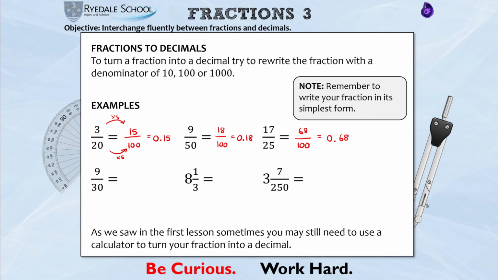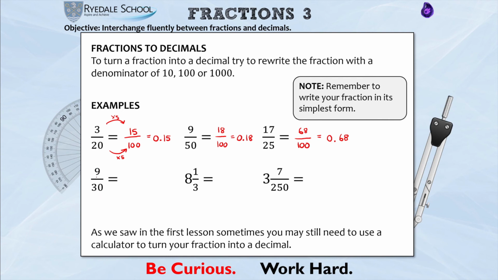9 over 30. Well, 9 over 30, I can't see a nice way of turning that into 100. Could I turn it into 1,000? No. So how am I going to do this one? Well, actually, the fraction 9 over 30 can be simplified, can't it?